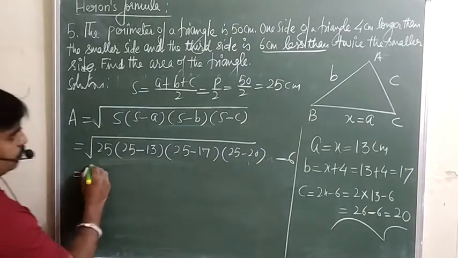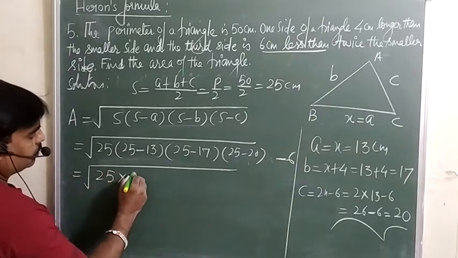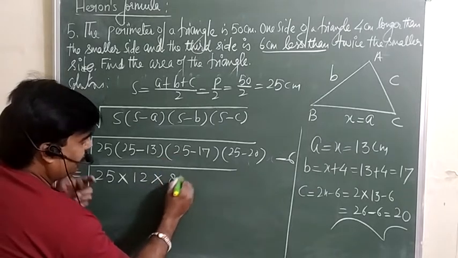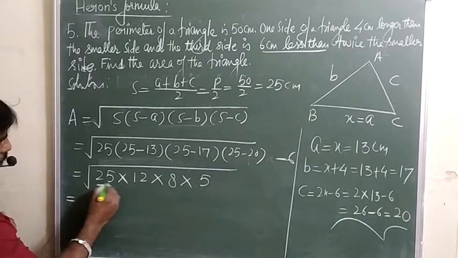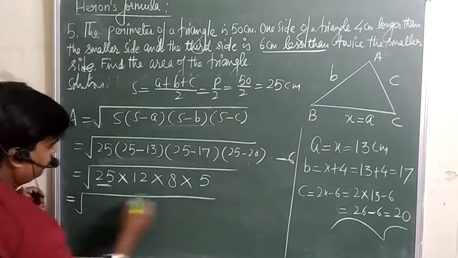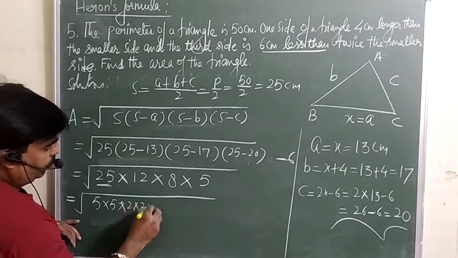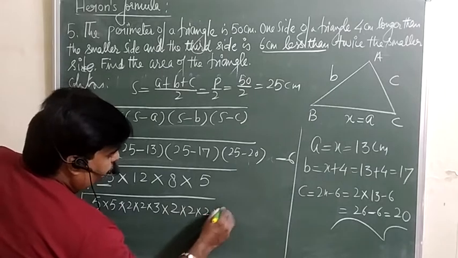So this is equal to under root 25 into 25 minus 13 is 12, this is 8, and this is 5. You can do the factorization. So you can take out the 5, or you can do 5 into 5. This is 2 into 2 into 3, 2 into 2 into 2, and 5.